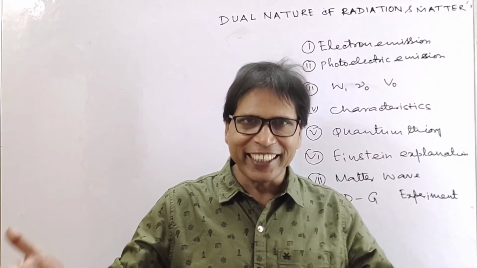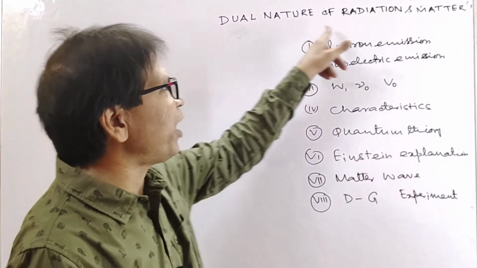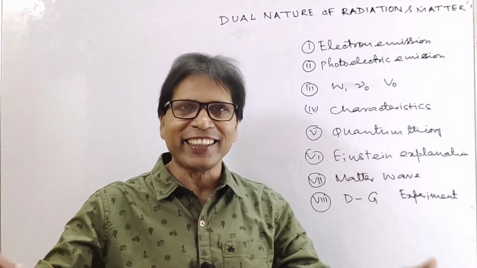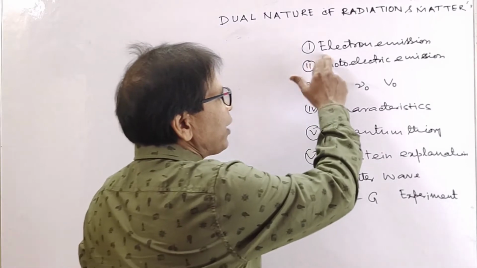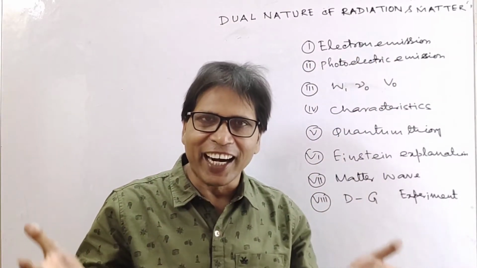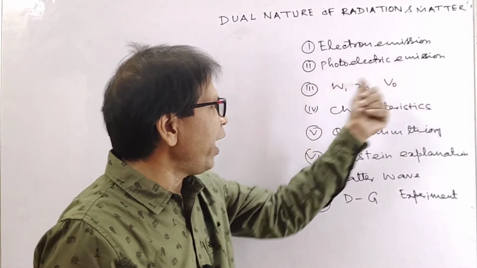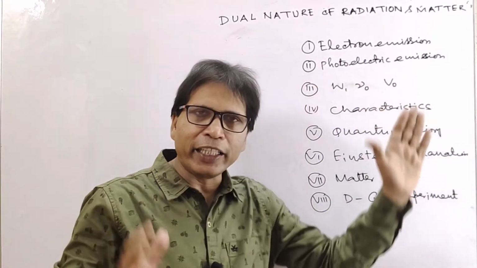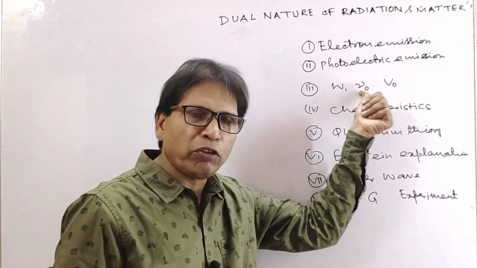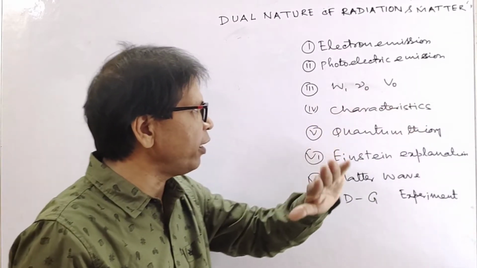Today I will be discussing a one-shot video of dual nature of radiation and matter. Today's discussions are the electron emission, that is ways by which electrons are emitted. Then photoelectric effect and terms of photoelectric effect such as work function, threshold frequency, threshold wavelength and stopping potential.